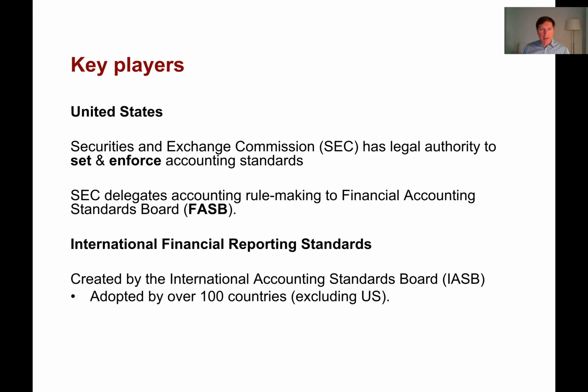It's a private sector body represented by private sector members of the board who are closer to companies, who know better the issues, and as a result they are more capable of writing high quality accounting rules. Okay.